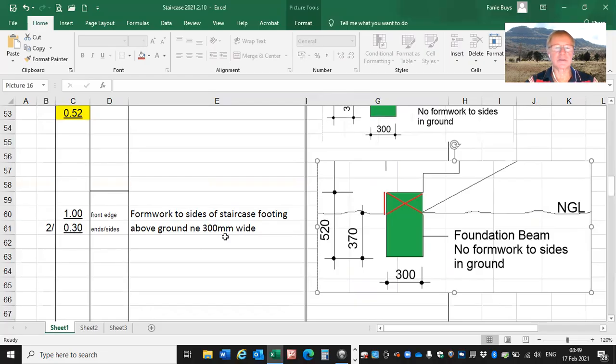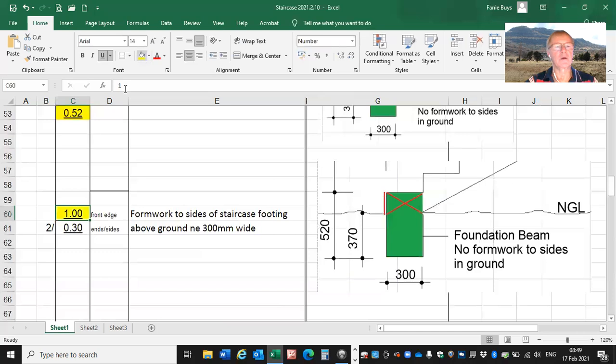Have a look at your standard system for the measurement of formwork to edges. The unit of measurement is meters, and that dimension there is the 1 meter. We do not times it by 2 because that side there's no formwork because that forms part of your staircase.